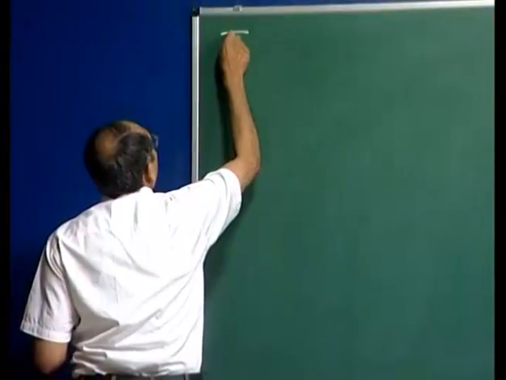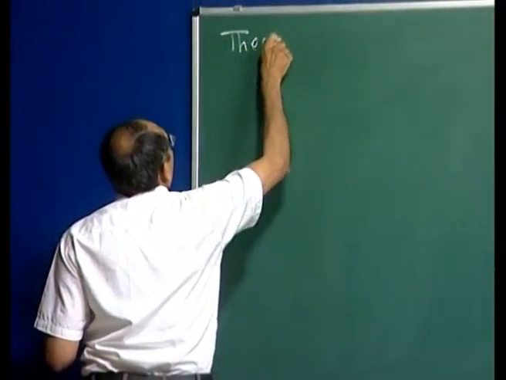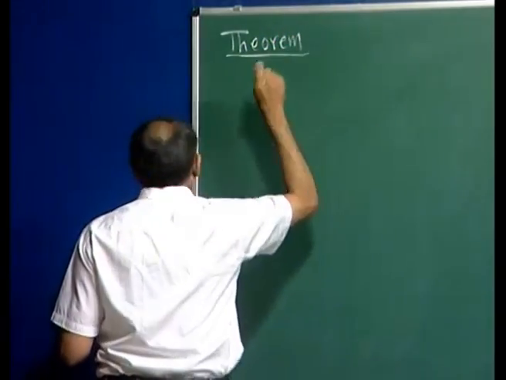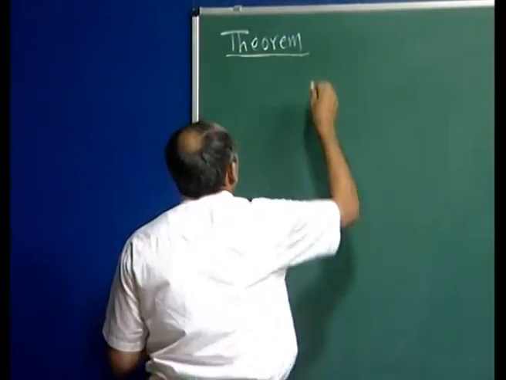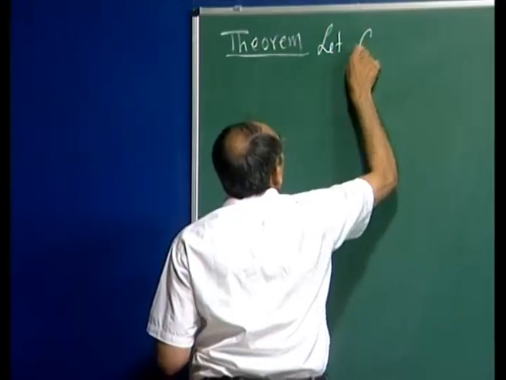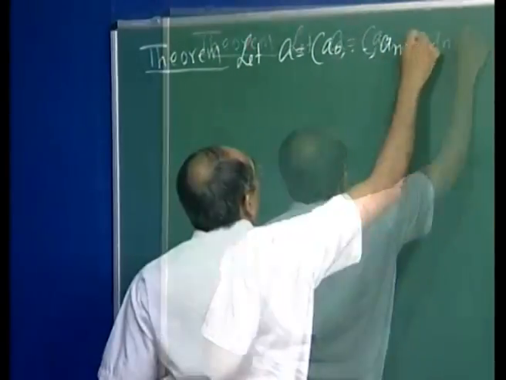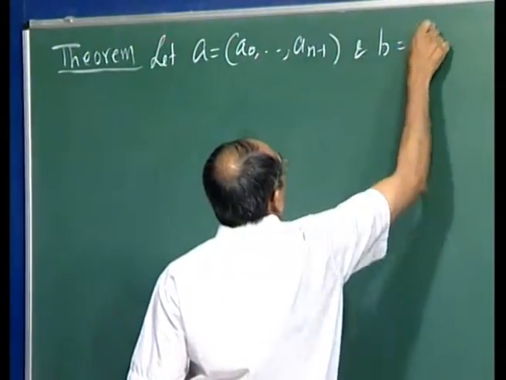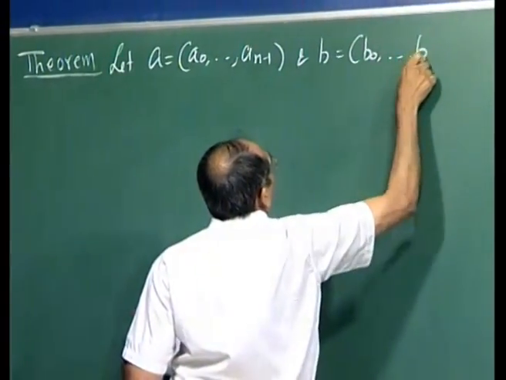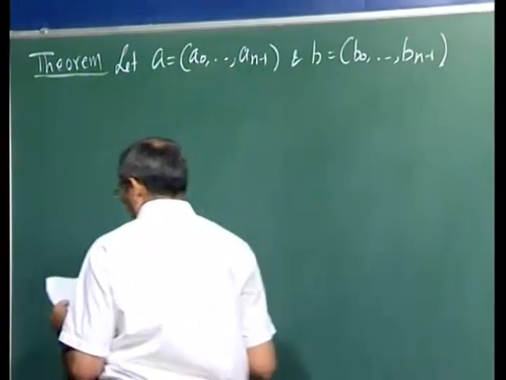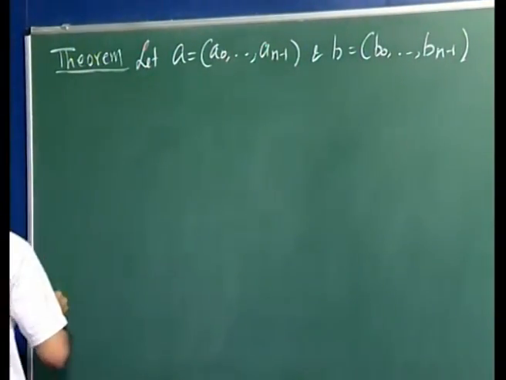So, the statement is that suppose we have two vectors, let A be A0 through A_{n minus 1} and B be B0 through B_{n minus 1}. Okay.